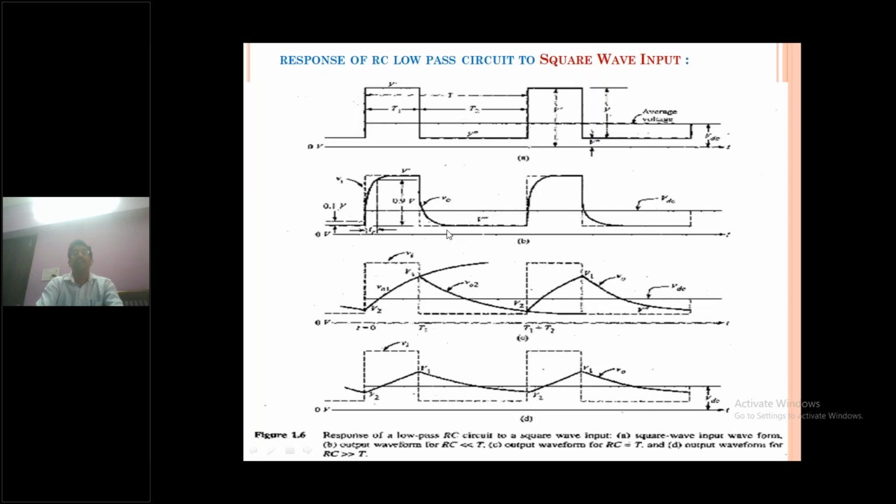Similarly, for the falling portion, that means the capital T1 to T1 plus T2 interval, within this interval the capacitor will be discharging. What is the initial voltage value? The initial voltage value is V1. And what is the final value here? The capacitor will be discharging to the input voltage, in the T2 interval, V double dash. So here for the final value you have to substitute V double dash, and the initial voltage is V1.